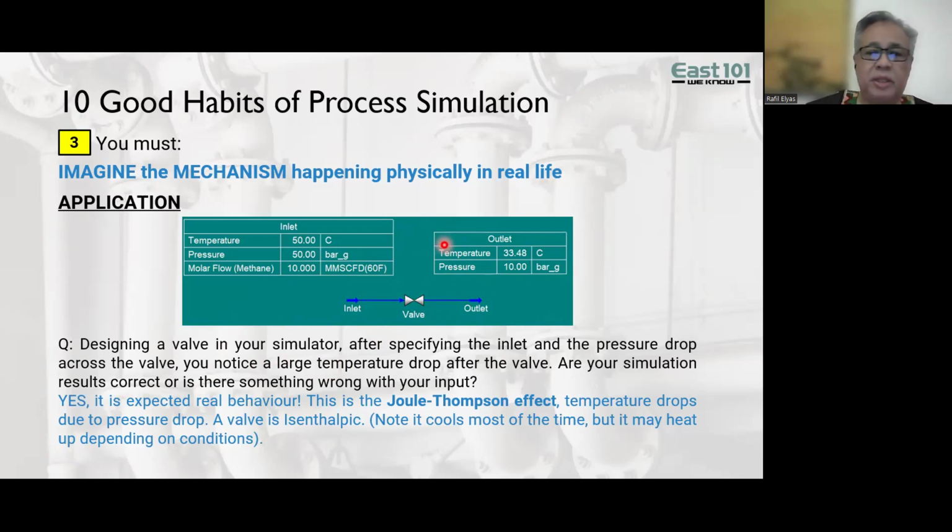Then I remember, okay, what's happening through the valve? I'm getting some kind of expansion. As I get expansion, even though this is adiabatic, I have some cooling effect. Why do I have some cooling effect? Well, we know that there's some attractive force taking place between molecules.